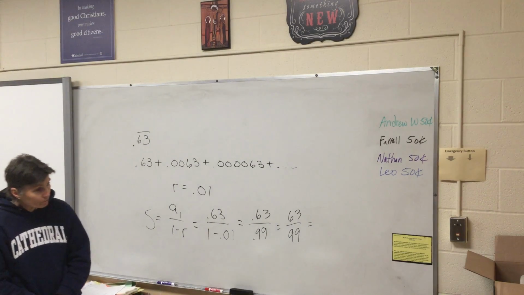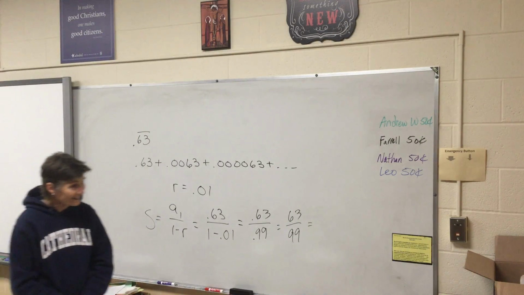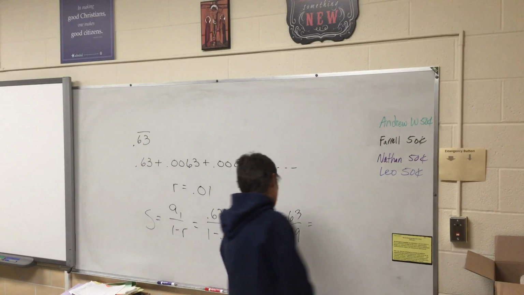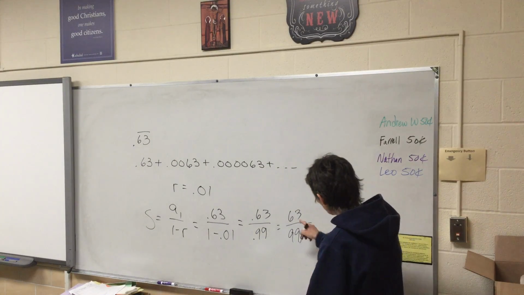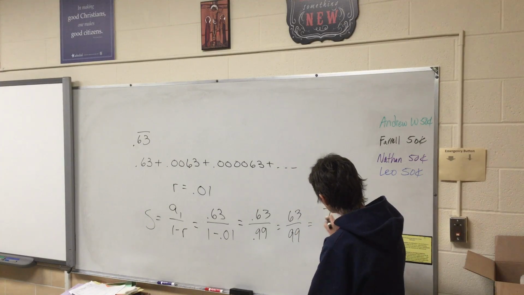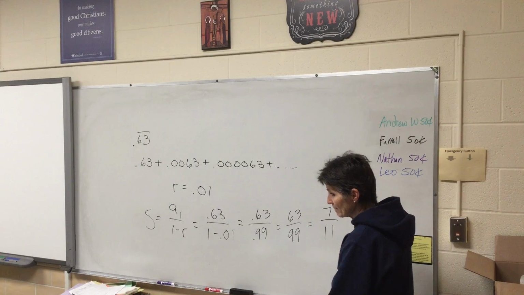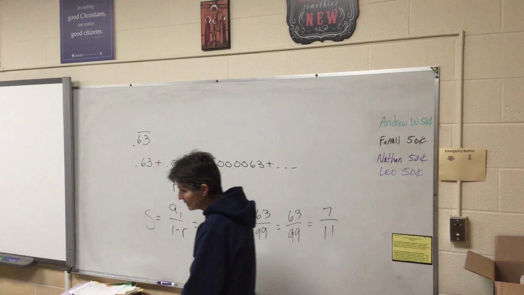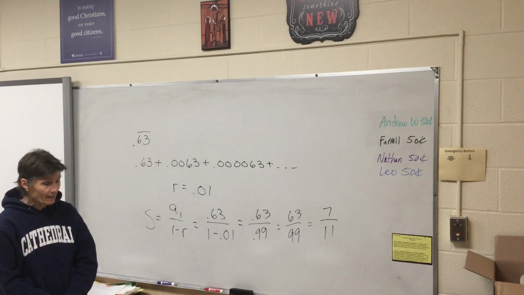But 63 over 99 is not in lowest terms. What can I divide 63 and 99 by? 9. So 9 goes into 63 7 times, and 9 goes into 99 11 times. Now, some of you may have divided by 3, and that's okay, but then you would have to divide by 3 again.